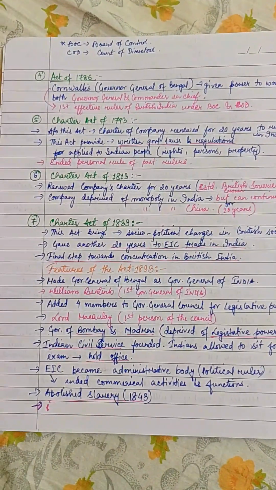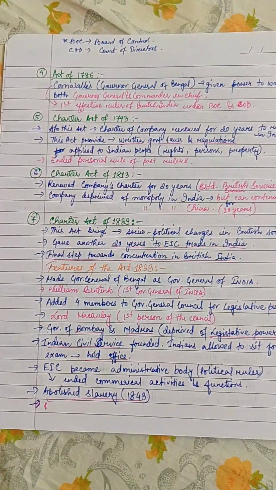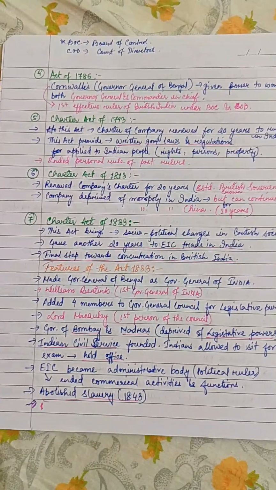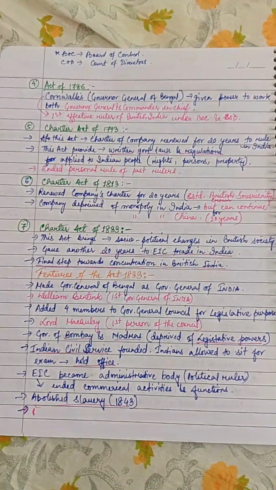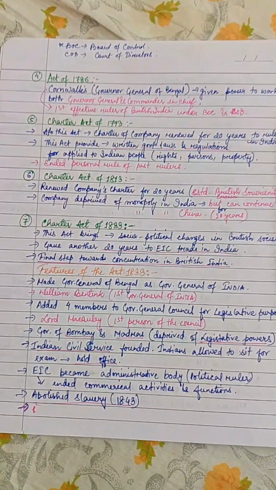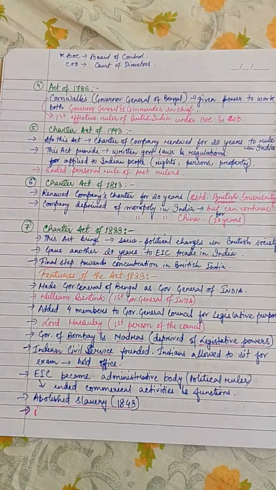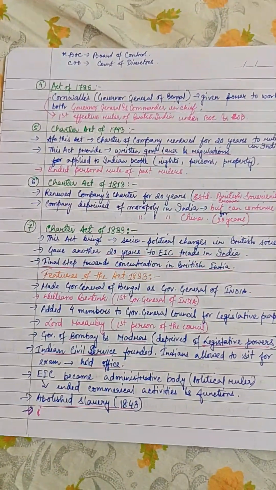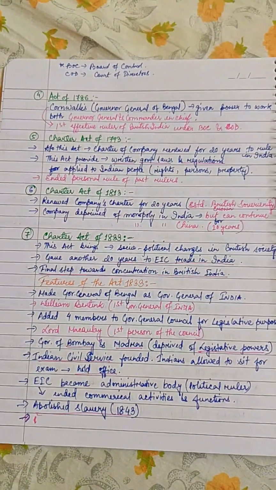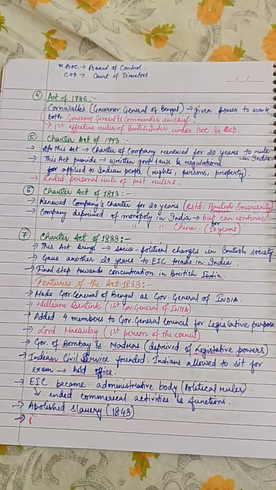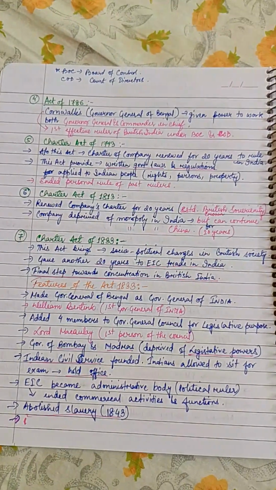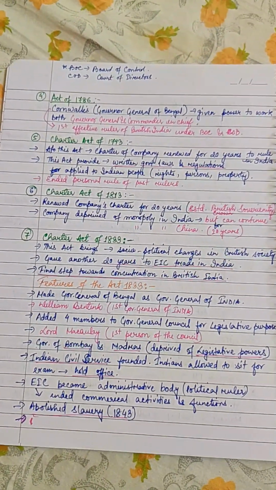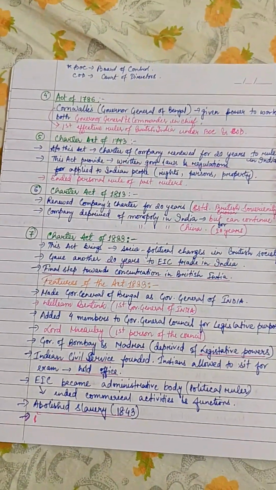Today we are going to learn more about some acts that took place in modern history, and these acts are very important for competitive exam purposes. Plenty of questions used to come from this part, and aspirants find it quite difficult to remember these acts, especially the Charter Acts.